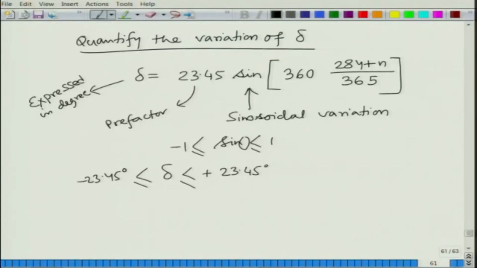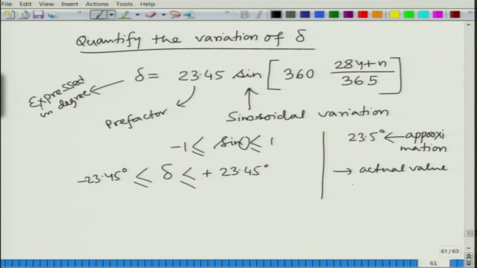So, first of all, the correction that we were so far talking about, 23.5 degrees, that is an approximation, or simplification. The actual value is 23.45 degrees, and what does this positive 23.45 mean?